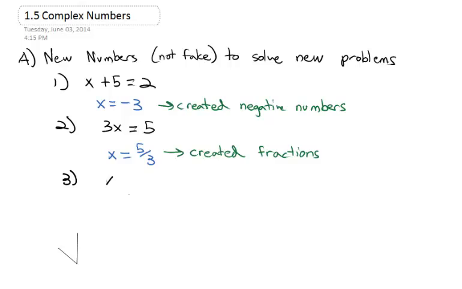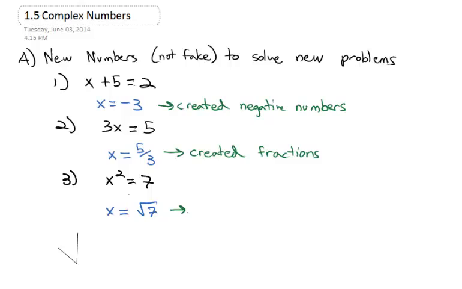It was the Greeks that solved problems like x squared equals 7. And they came up with this crazy notion that x could equal technically plus or minus, but we're just going to go with the square root of 7 for now because the Greeks hadn't met the Chinese at that point and worked with negative numbers. They came up with this idea of the square root of 7 being something which we cannot write as a fraction.